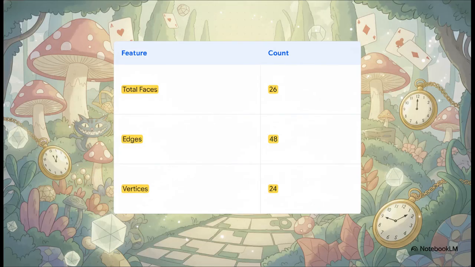So, let's add it all up. In total, that gives us 26 faces, 48 edges, and 24 vertices. And these very specific properties put it in a pretty exclusive club. It's what's known as an Archimedean solid, one of only 13 of them actually. They're a special family of highly symmetrical shapes built from more than one kind of regular polygon.